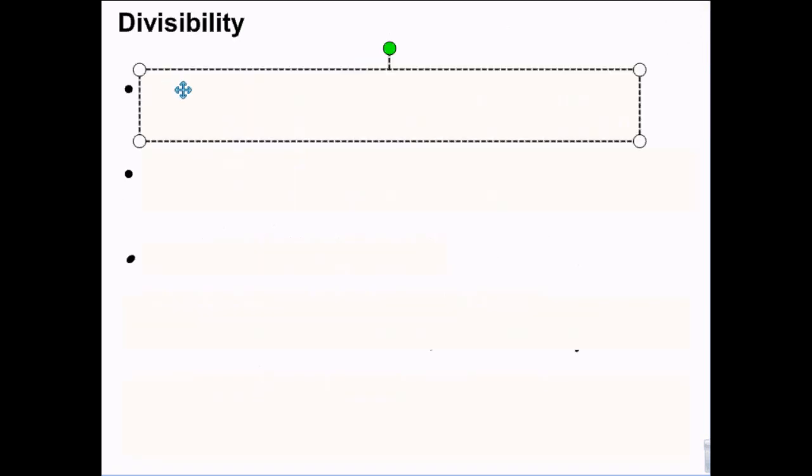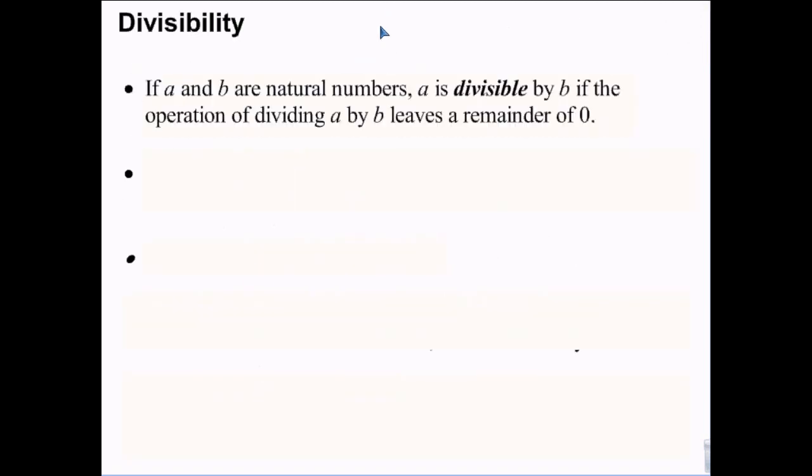All right, we talked about divisibility. Divisibility is the ability to divide evenly. So if you have two numbers, A and B, A is divisible by B if you divide it and there's no remainder. It divides evenly and gives you a 0 as a remainder.